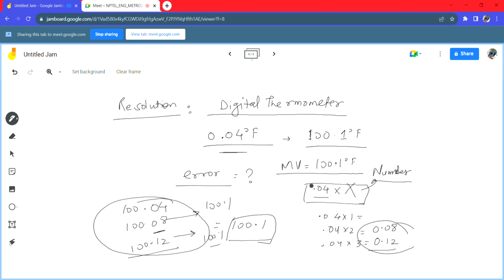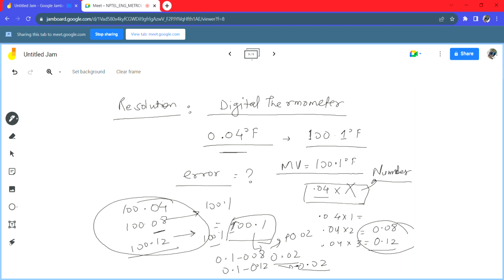So in a situation like this, wherein the readout is 100.1, we have the error of 0.02. So that can be 0.1 minus 0.08, and also it can be 0.1 minus 0.12. So in either case we can have a plus 0.02 error, or we can have a minus 0.02 error.